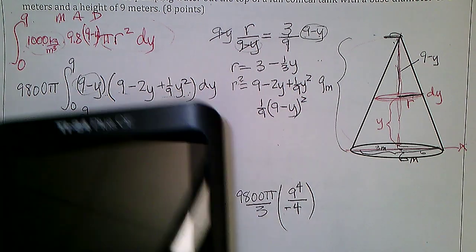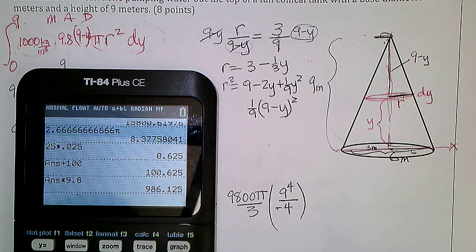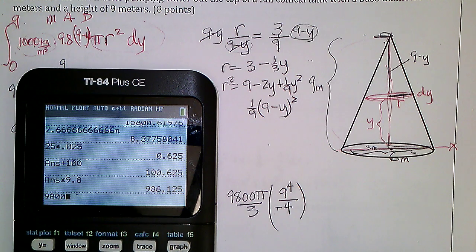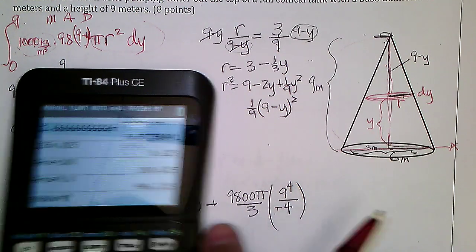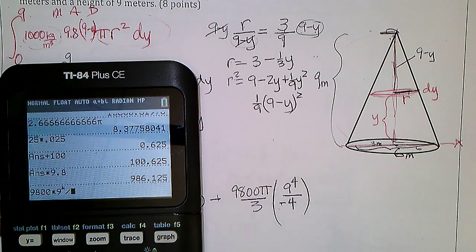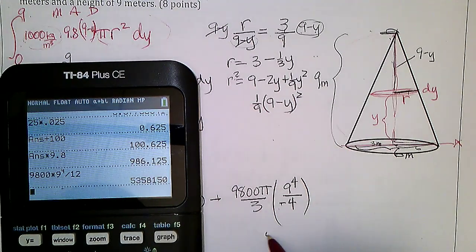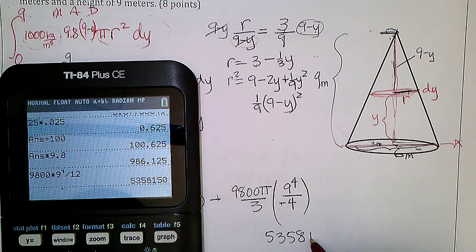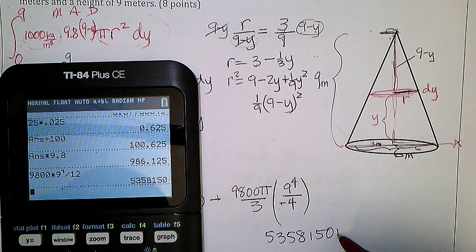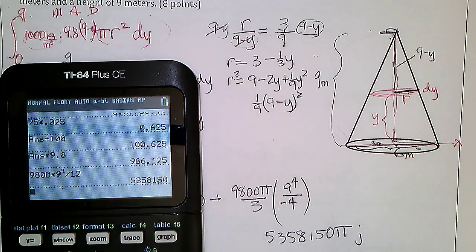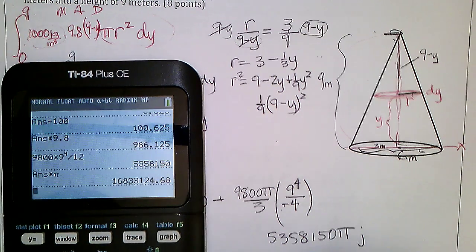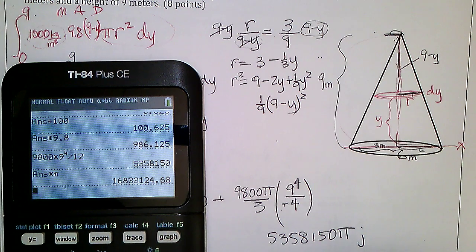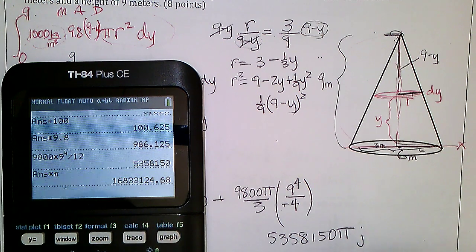And I'm going to get a final answer of, let's see, 9800 times 9 to the 4th divided by 12. So 5358150 pi joules, or working it out, times pi is 168.33124 joules.